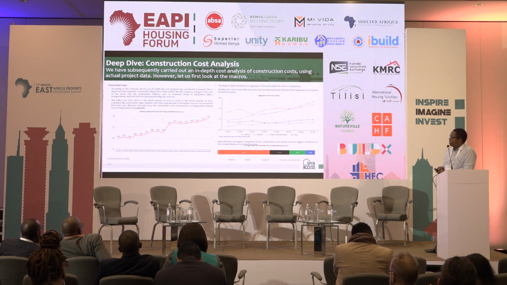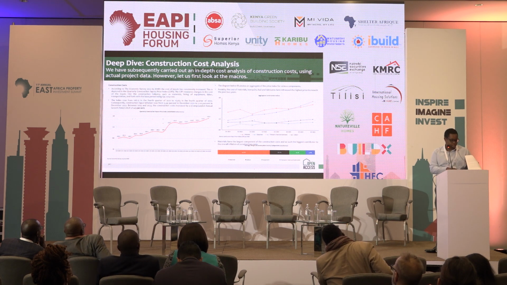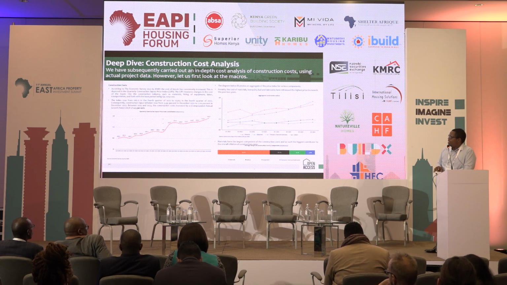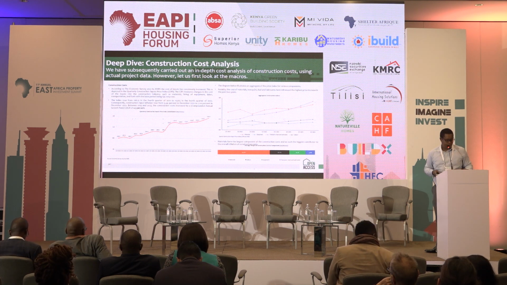But before we get into that, I wanted to first take us through the general macro environment of costs. I won't need to belabor this. I think it is clear that over the last 2 or 3 years, costs have been increasing across the entire economy. We've been going through a rough patch.